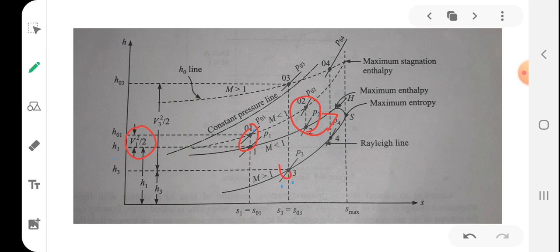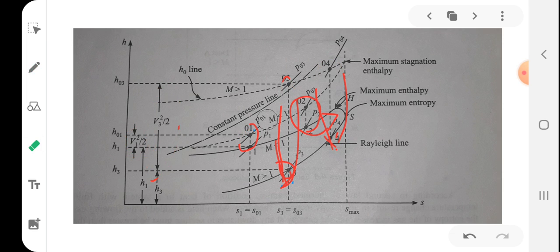So here, for point 3, this is the supersonic value. For the supersonic branch, the velocity should be higher, so this will be the velocity V3 square by 2. You can see here V3 square by 2. And for point 4, you can see V4 square by 2. So the velocity is seen decreasing.